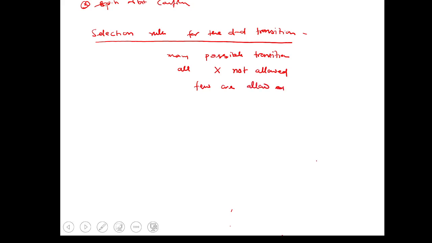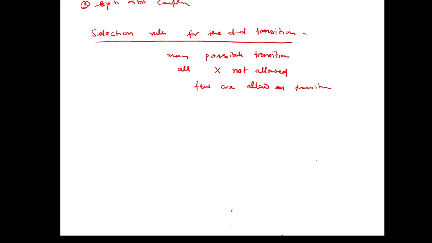Some are forbidden transitions. It is not necessary that all theoretical transitions are observed. Some of them are observed, called allowed transitions, and some of them are not allowed, these are considered as forbidden transitions.